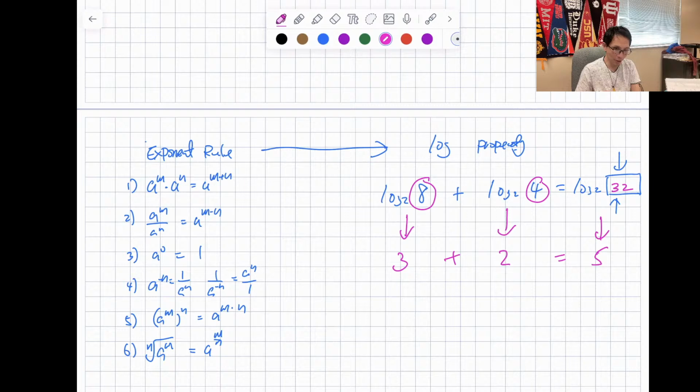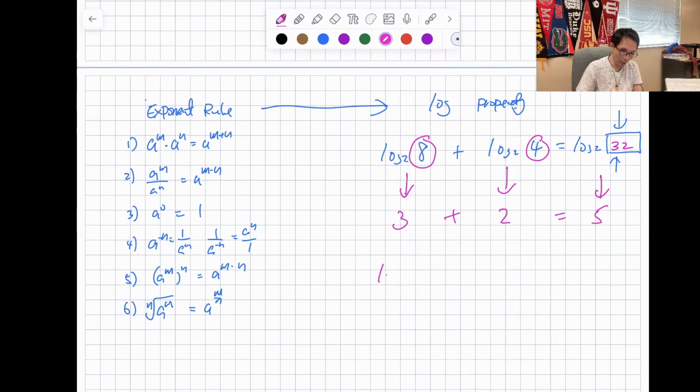But what's the relationship here? The relationship is, if you have a natural log of m plus natural log of n, it is equal to the natural log of m times n. Now, log and natural log are different bases. What's the difference between log and natural log?